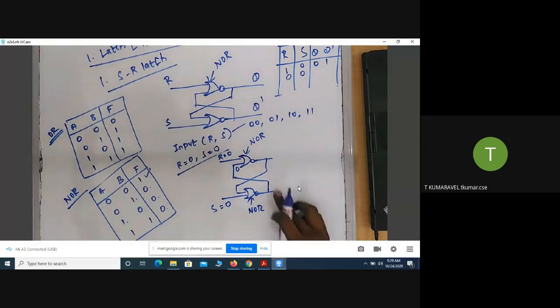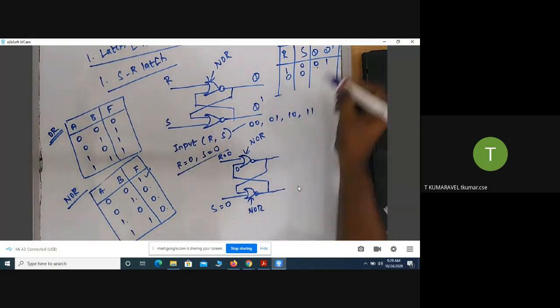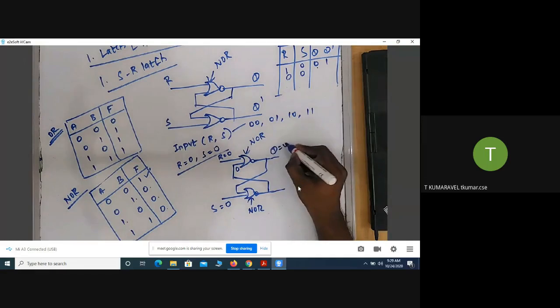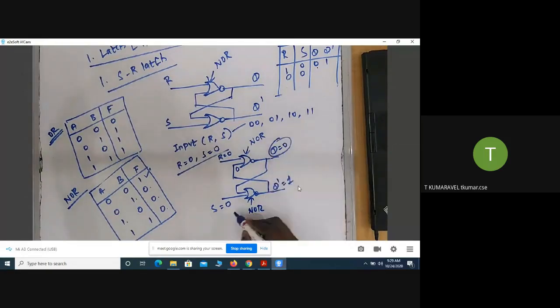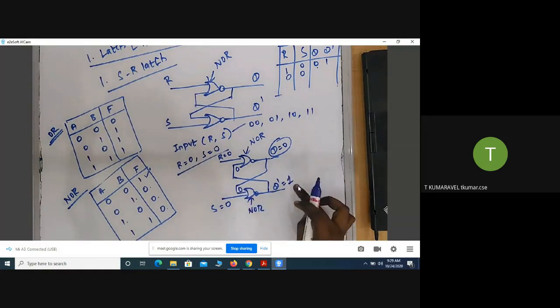If any one of the inputs is one, we can definitely predict the behavior of the NOR gate, but here both inputs are zero. So you take the previous stage output. The previous output is Q equal to 0 and Q bar equal to 1. So the Q is the input for the gate. What happens, sir? 0 0.